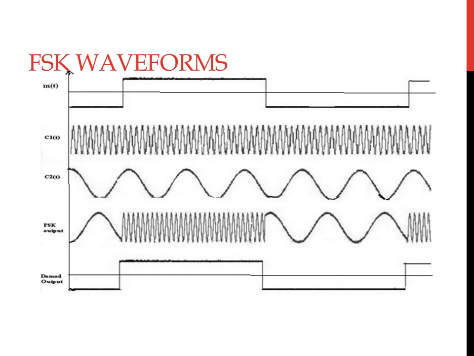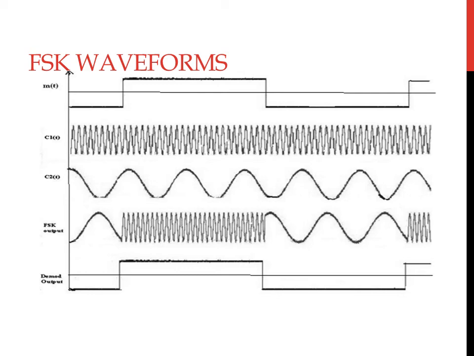Let us analyze using the waveforms how the FSK modulation and demodulation occurs. If you remember, we had applied M of t with an amplitude of 7 volt peak to peak, or plus or minus 3.5 volt, and C1 of t with a frequency of 20 kilohertz and C2 of t with a frequency of 2 kilohertz.